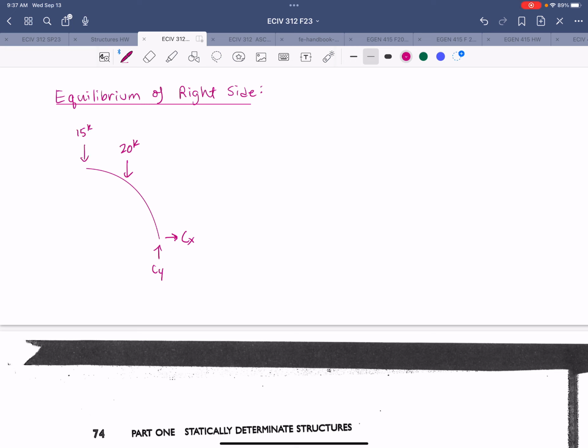We also expose the internal horizontal and vertical forces at the hinge. And the distances that we have are 15 feet on either side of the 20 kip load.